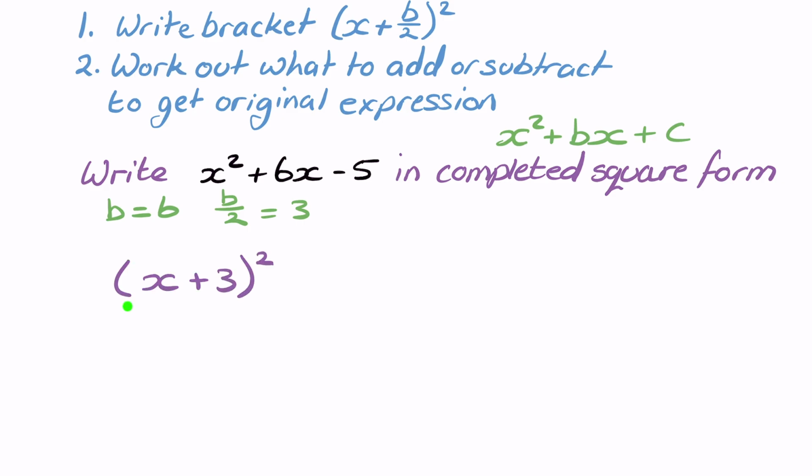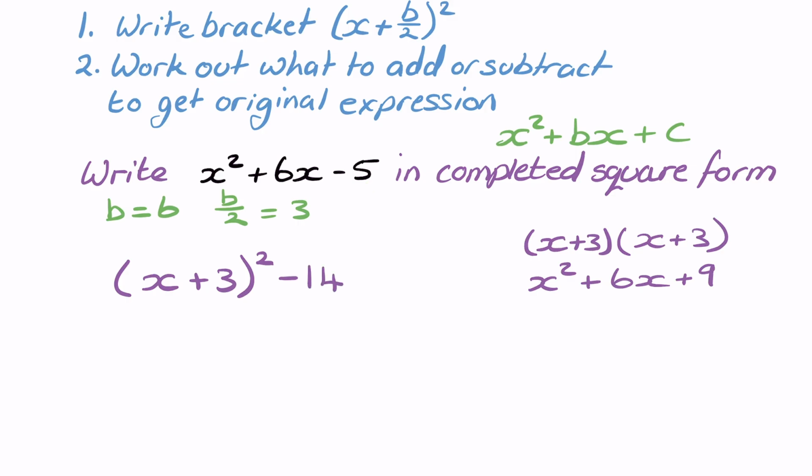If we expand this bracket, that gives us x squared plus 6x plus 9. Looking at our original expression, we wanted -5 and we have +9. So what do we have to do to make +9 into -5? We have to subtract 14. So that expression is now written in completed square form.